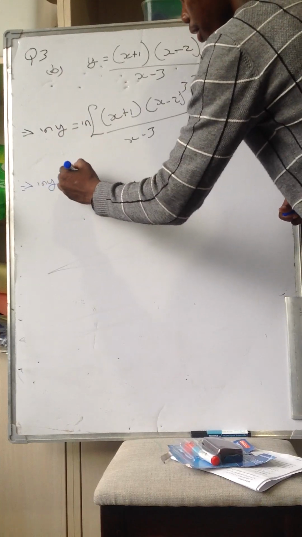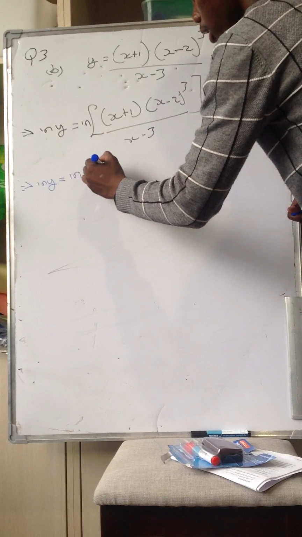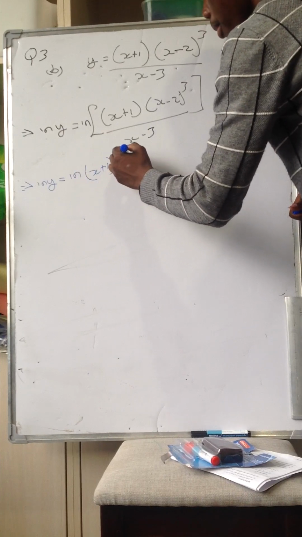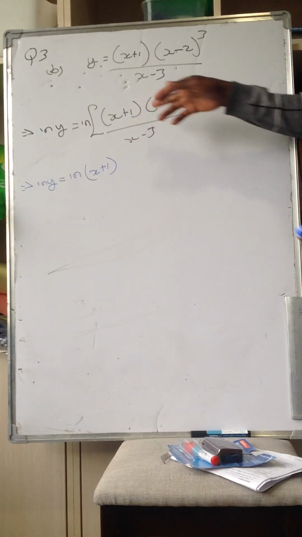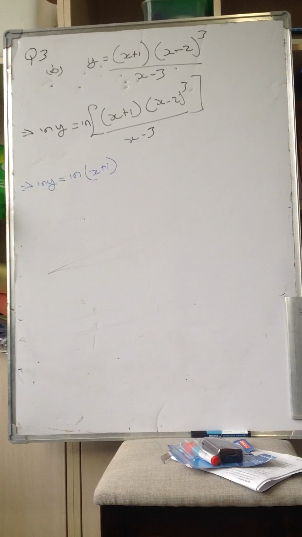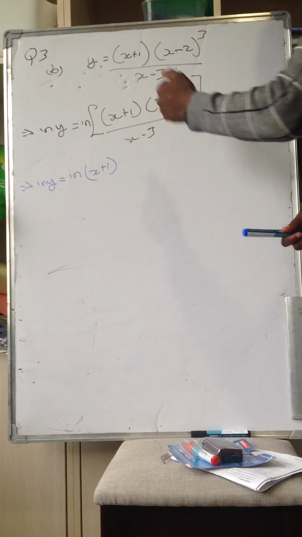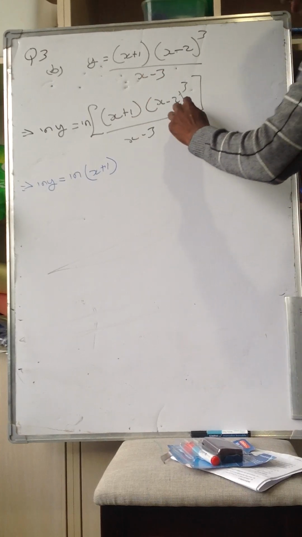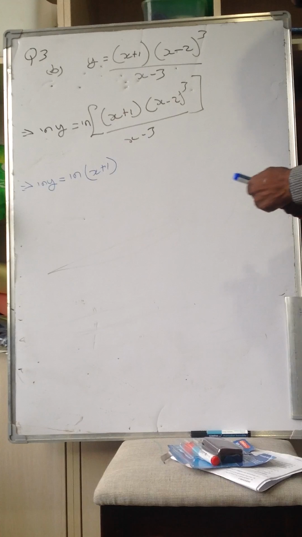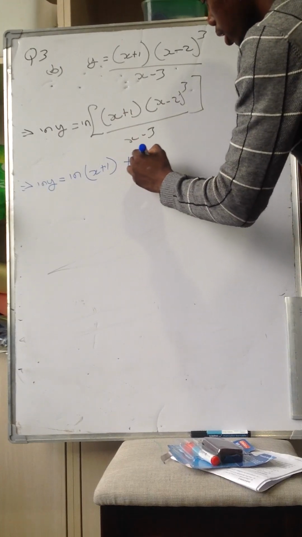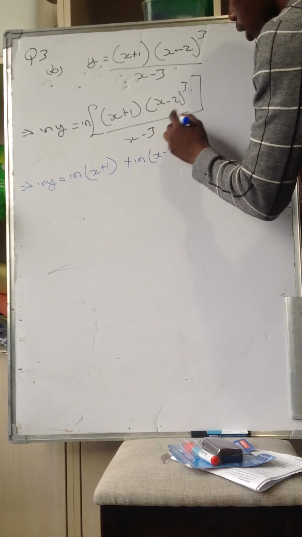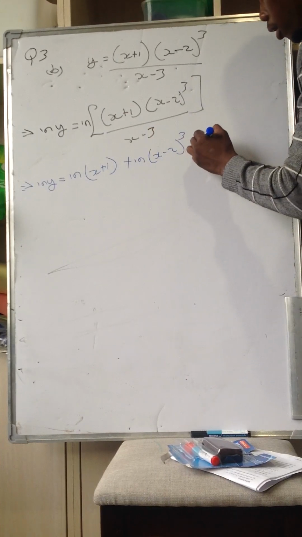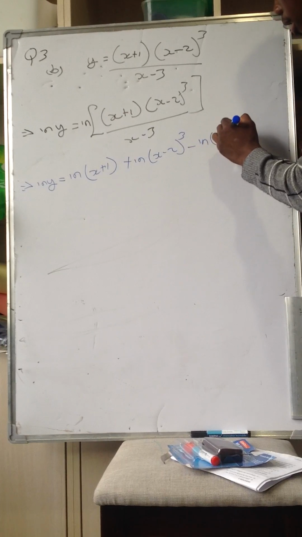If I multiply everything in the bracket, it will be ln of x plus 1. Now what sign am I going to include here? The rules of logs tell us that if you are multiplying, in between there is a positive, and if you are dividing, in between there is a negative. So here I'm going to have a plus ln of x minus 2 raised to power 3, minus ln of x minus 3.